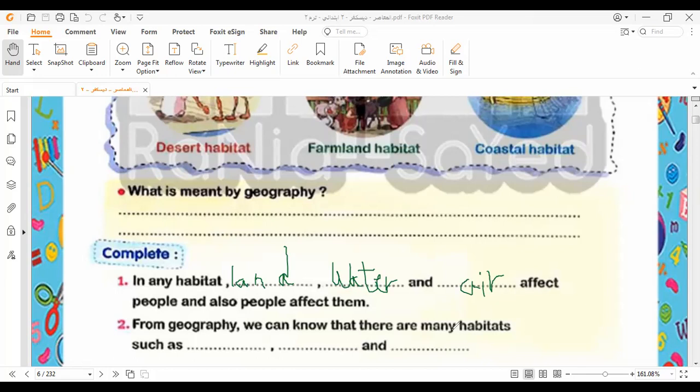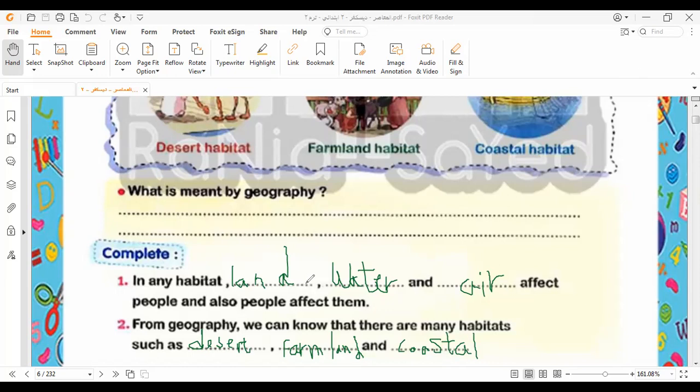From geography, we can know there are many habitats: desert habitat, farmland habitat, and coastal habitat.